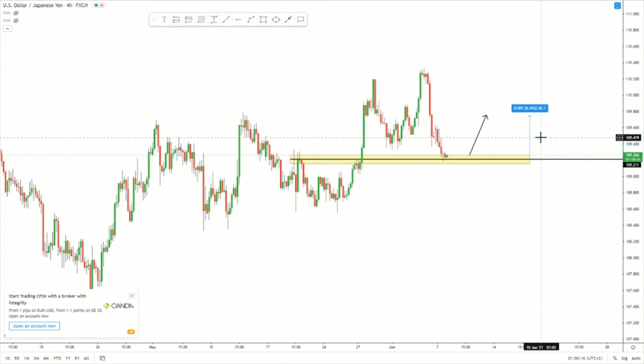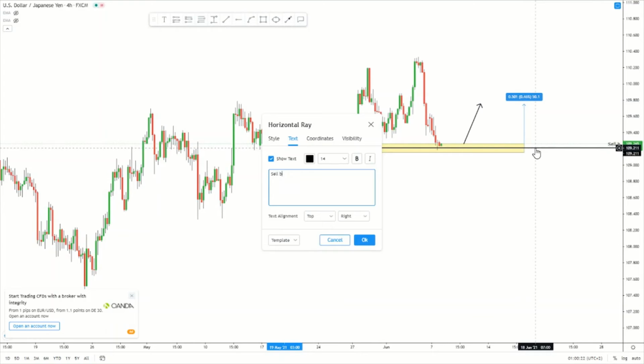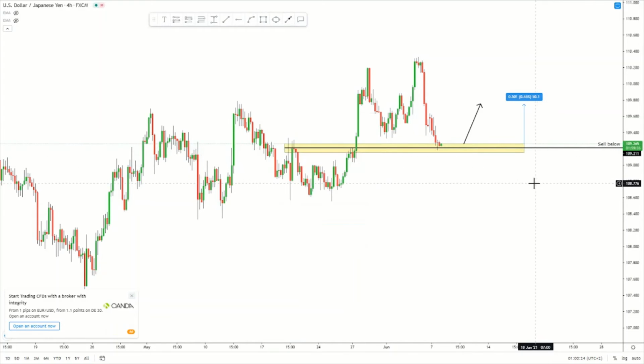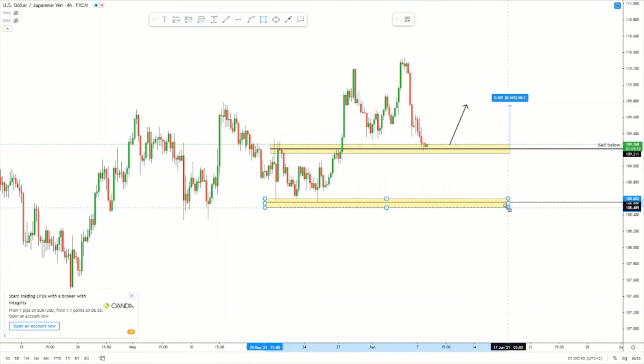That's obviously very ambitious. If not, and we have a sell below this area, what I suggest is to find the most recent highs and lows, and I can see around these levels of 108,629. I'm just going to label that. Then where we have these wick rejections, 108,500 actually, and I would like that trade.